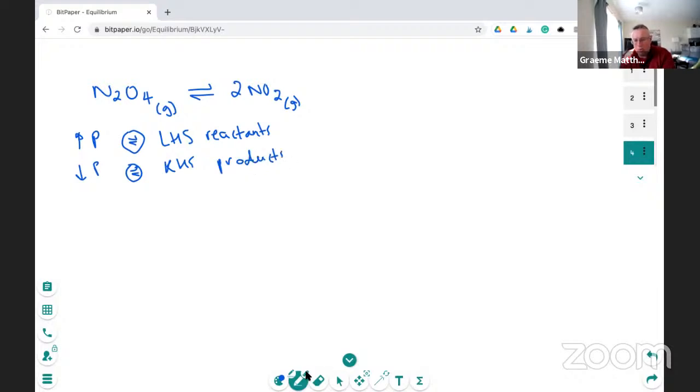Now, a tricky one. Increase the pressure, decrease the pressure, whatever, but this one here is one that you may see either embedded into a question or possibly in a multiple choice.